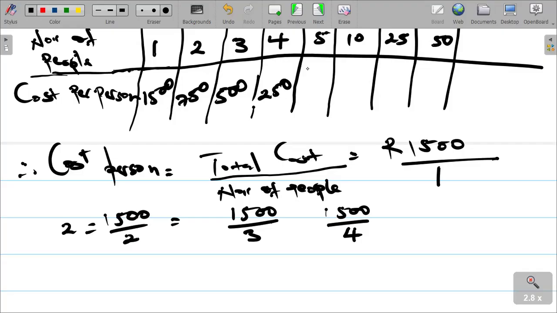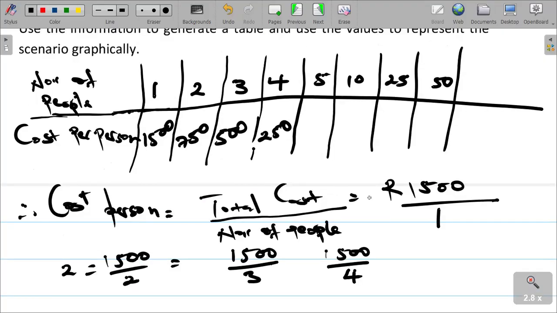Five people is the same thing. 1,500 divided by 5, you get 300. For 10 people, 1,500 divided by 10, we get 150.